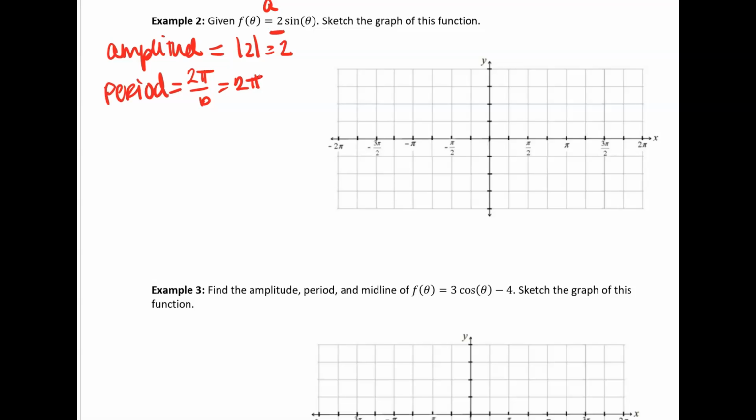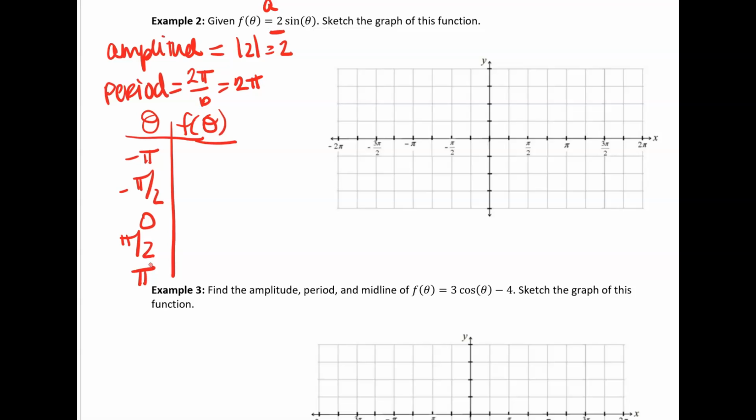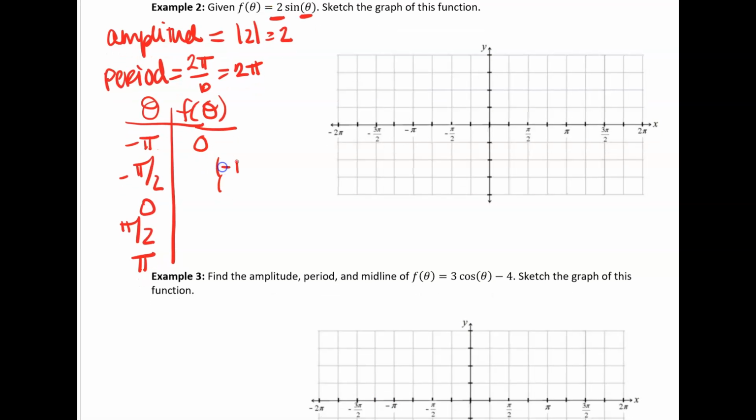And so let's look at what's happening here. If I take my basic information that I already knew from the beginning of this lecture and I look at theta compared to f of theta, if I look at negative pi over 2, 0, pi over 2 and pi, I want to look at these values. Let's plug in some numbers. When I plug in 0, sine of 0 is 0. 0 times 2 just gives me 0. And I'm just plugging in here for theta and figuring this out. If I plug in negative pi over 2, that gives me -1.